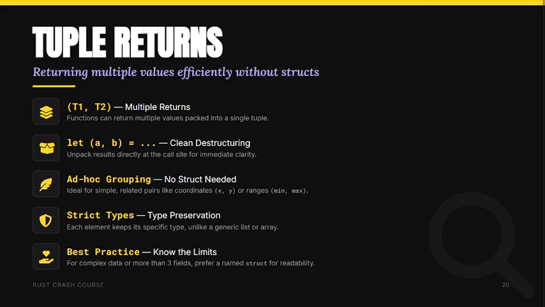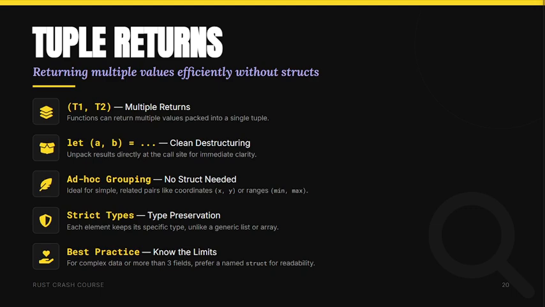You can unpack a tuple directly at the call site. This is called destructuring. Third, ad hoc grouping, no struct needed. Tuples are perfect for simple related pairs like coordinates, x and y, or ranges, min and max. You don't need to define a whole struct.